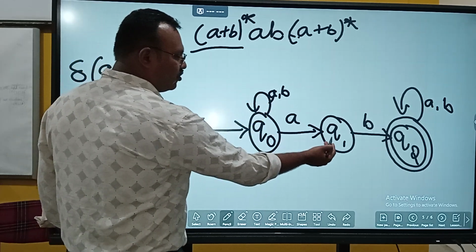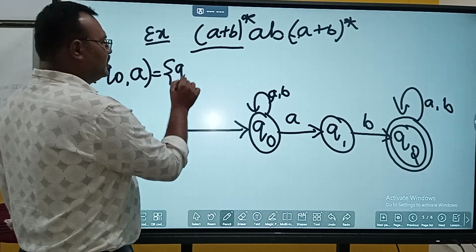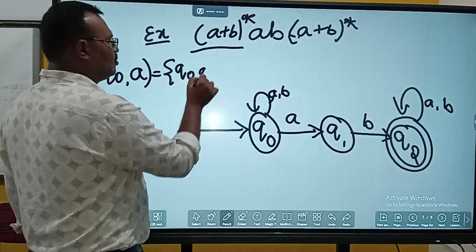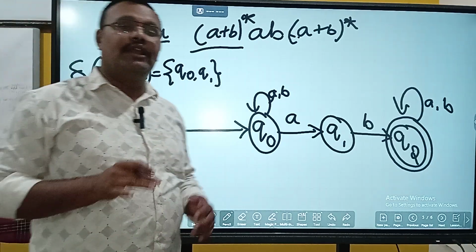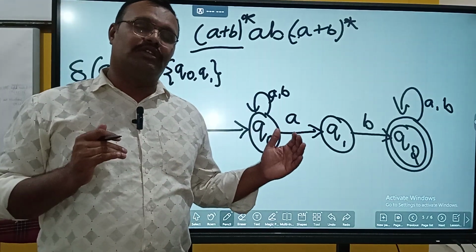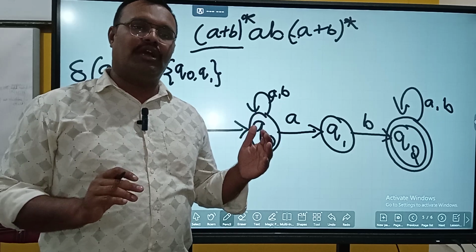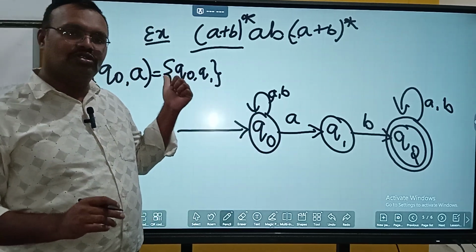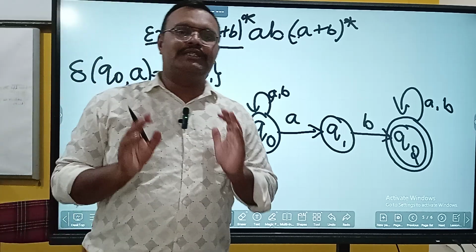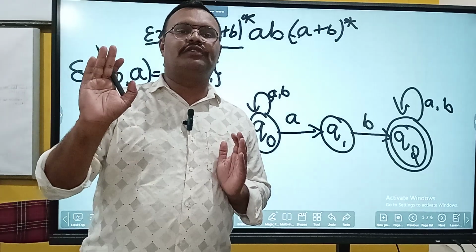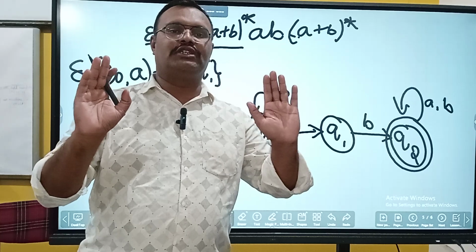If I take A, I can go to Q1 as well. So here you are going to get Q naught, Q1 as a solution. But in all the set of problems that we have discussed in deterministic finite automata, this scenario was not faced.